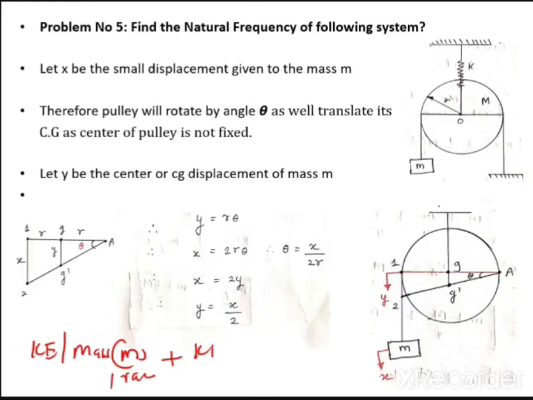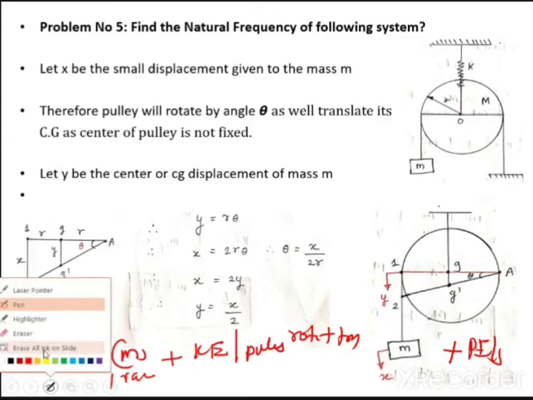Plus kinetic energy of the pulley. What will the kinetic energy of the pulley be? Translational, rotational, both. Both, rotational plus translational, and plus potential energy of the spring.